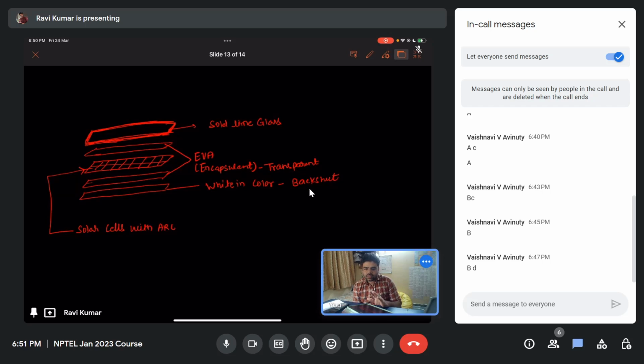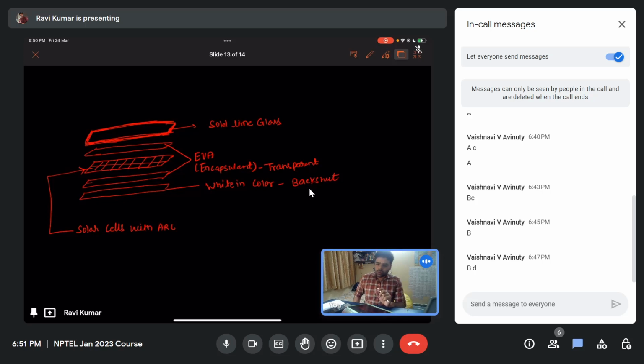So what is the property or what is the role of everything, we will see. See, if this is a cell, it is very fragile in nature, and if we are carrying it like this and just holding it from one end, then it will break, because the thickness is not that high and it is crystalline silicon, so that's why it is very fragile.